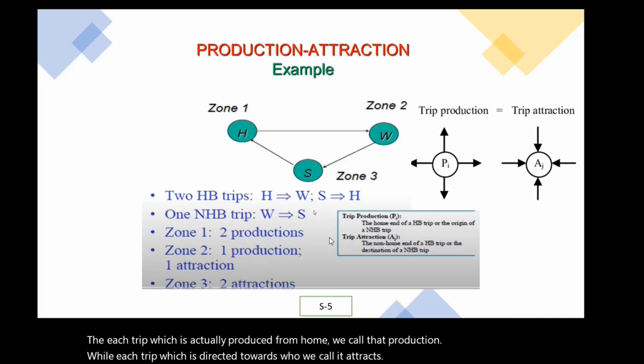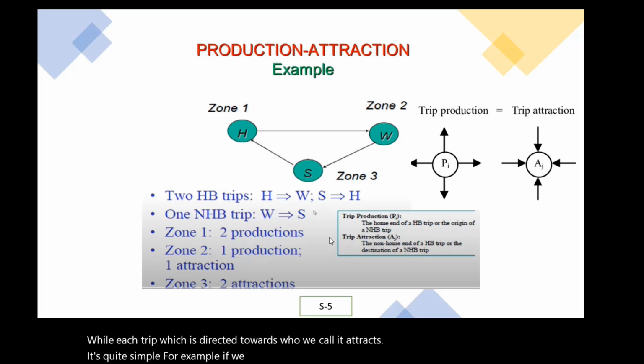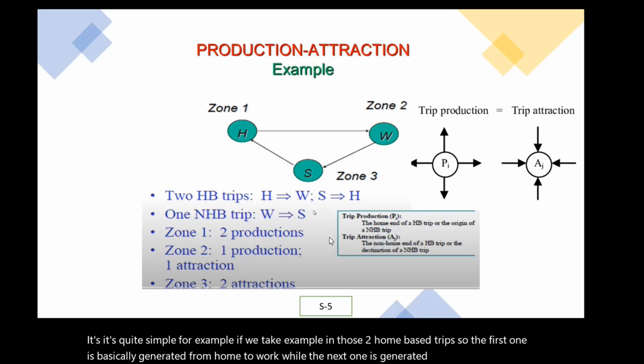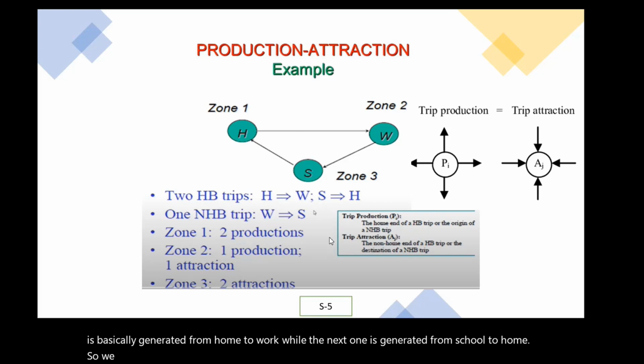It's quite simple. For example, if we take those two home-based trips, the first one is generated from home to work, while the next one is generated from school to home. So we have two home-based trips and one non-home-based trip.